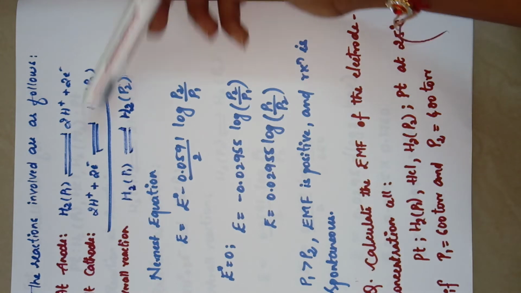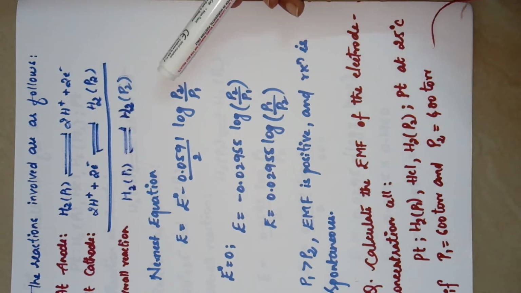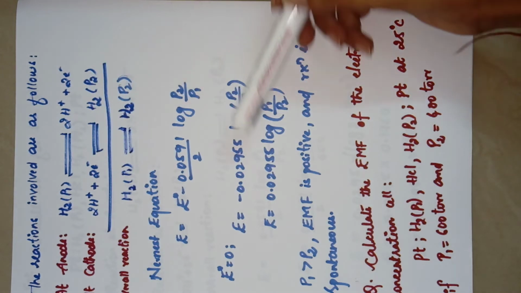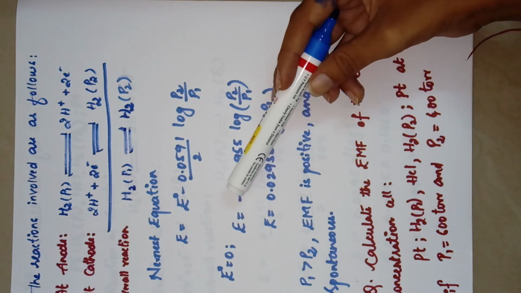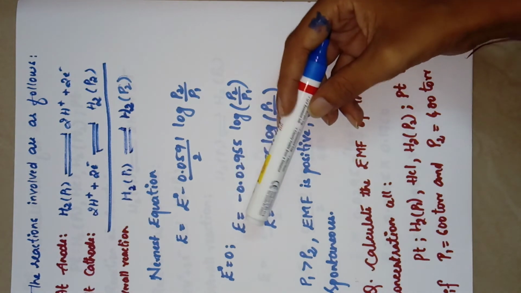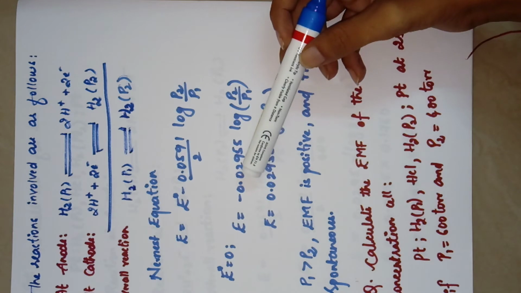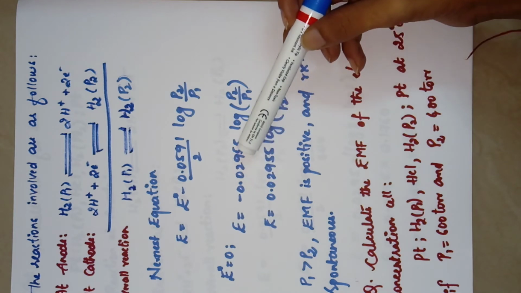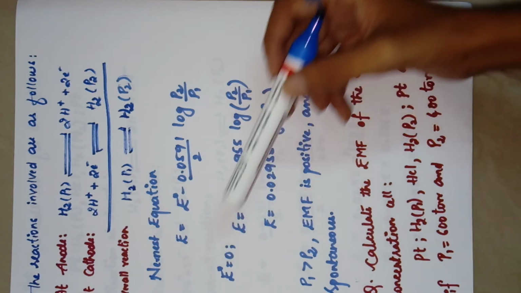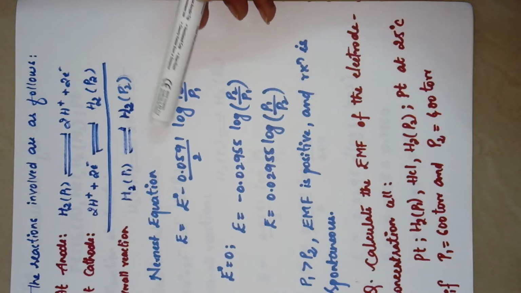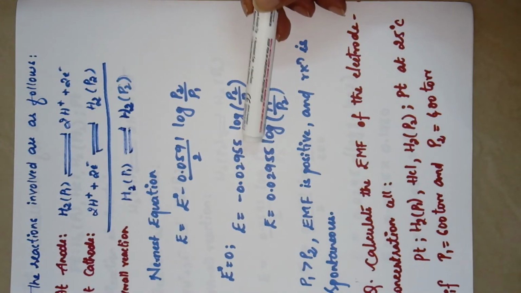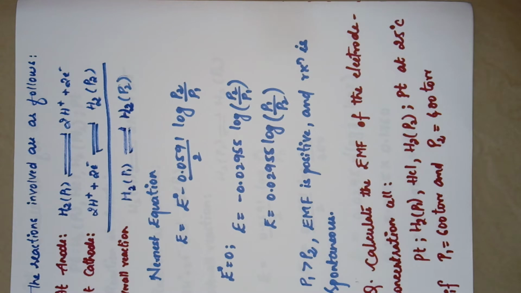Why? Because products by reactants is the Nernst equation. We all know E naught, the standard reduction potential, is 0. So E will be minus 0.02955 log P2 by P1.